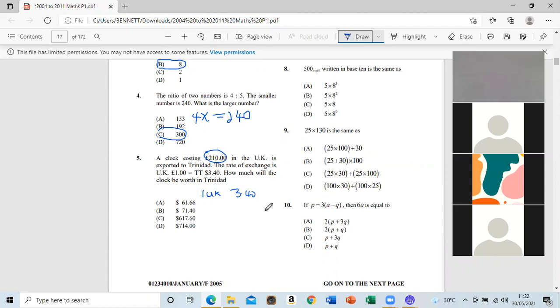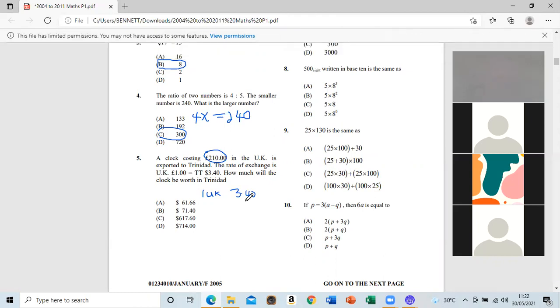For every pound, you're going to get Trinidad $3.40. So he said, how much will the clock be worth in Trinidadian money? So you work it in Trinidadian money. So it will be 210. You guys multiply that now. 210 times 3.40.